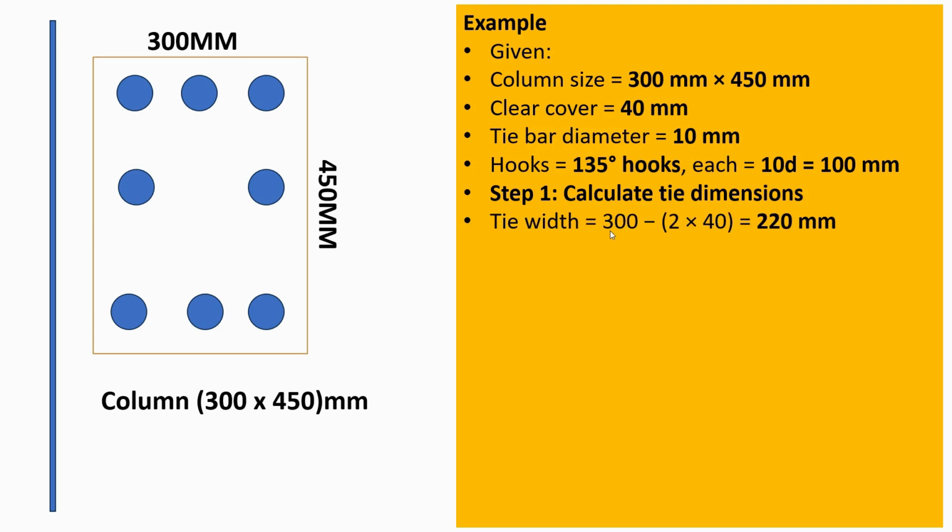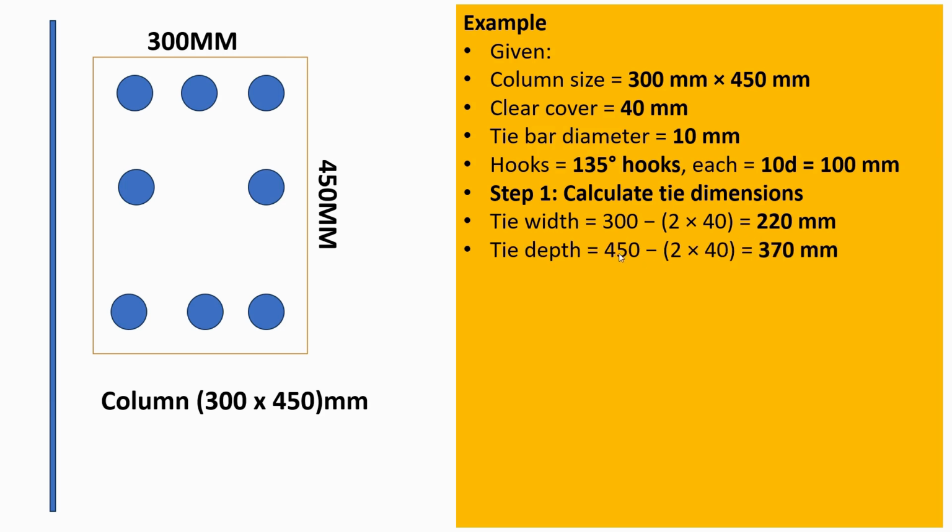So tie width is going to be 300 millimeters, which is this total side, minus, we know that clear cover is 40 millimeters. So this is 40 millimeters and also 40 millimeters. So we're going to subtract 2 times 40. So this gives us this distance from the edge of this bar to this edge, which is 220 millimeters.